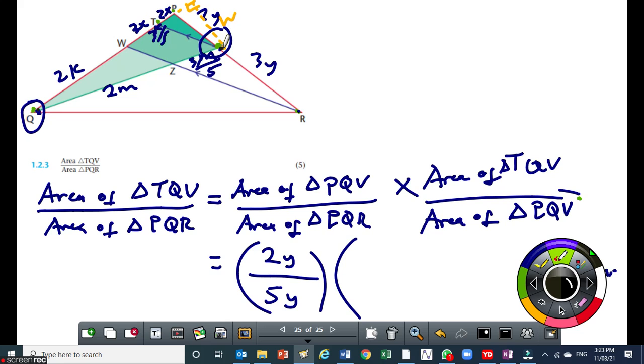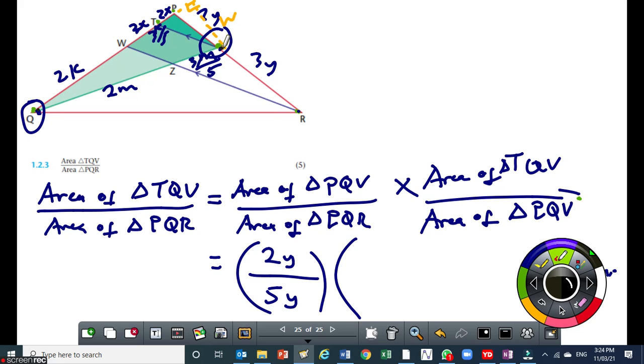You see that? Okay, let me warn you. If you miss that, in this question here, you'll never be able to understand what's going on. The two triangles share a common vertex, and their bases are on the same straight line. Therefore, the ratio of their areas will equal the ratio of their bases.